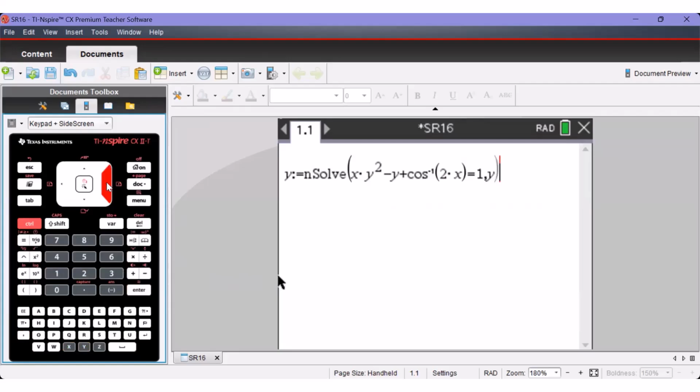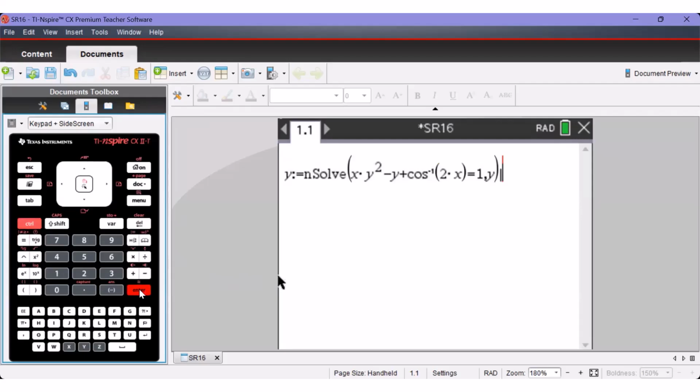navigation pad to the right, and come out of that syntax, and we want to say, okay, on the y-axis, x is equal to 0. So we want to solve this given x is equal to 0. So if we press Control equals, navigation pad to the left, that highlights the with or the given symbol.